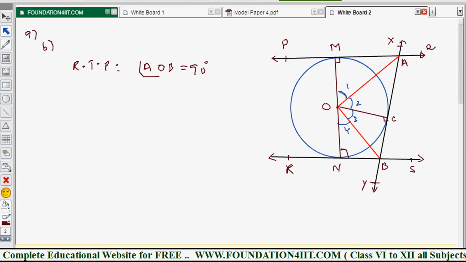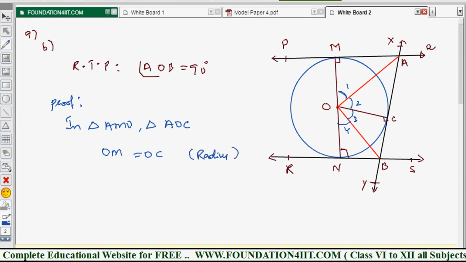So let me take the triangles. To prove this, in triangle AMO and triangle AOC, from these both triangles, OM is equal to OC, because they are radii of the same circle.